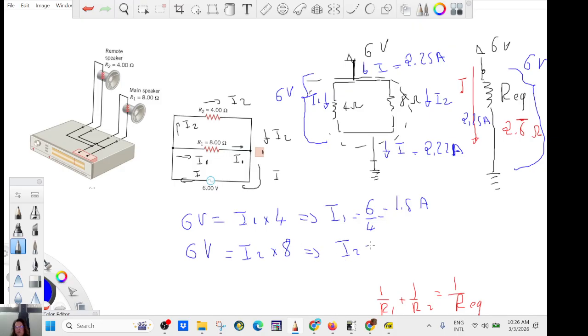So I2 will be 6 divided by 8, 3 over 4. Is that right? Which is 0.75 amps. Agree? And it makes sense because you have I1 plus I2 equals I.